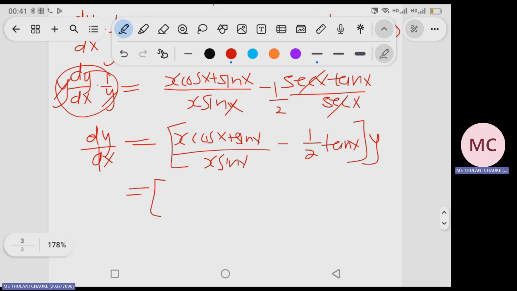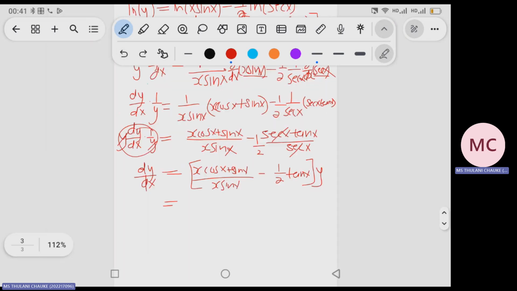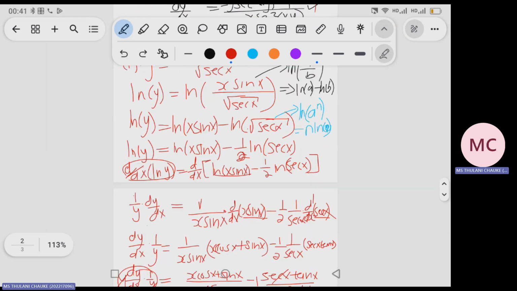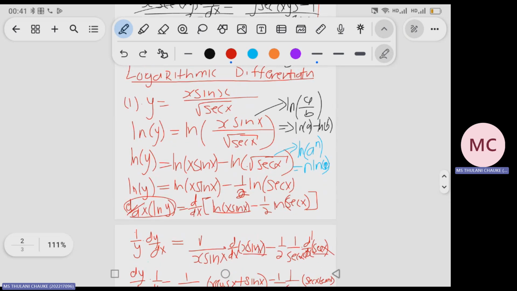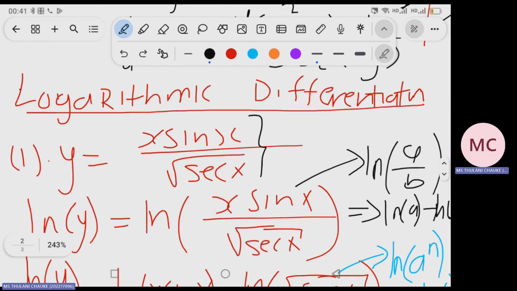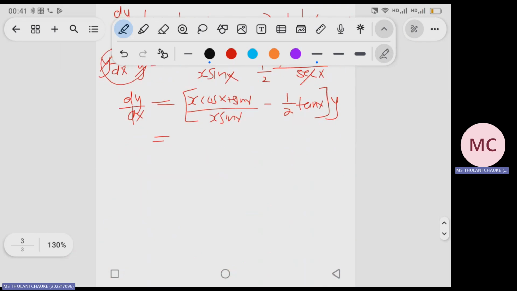Then we'll have our final answer as, so the value of y is the original function, right? x sin x, this one. So we'll just replace it there.